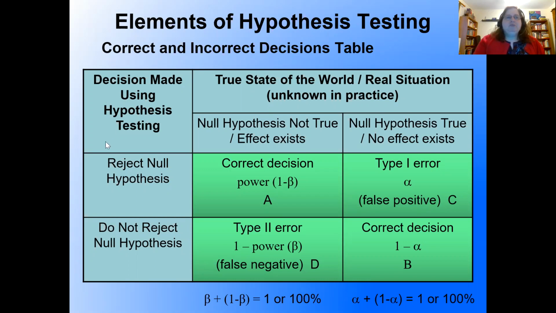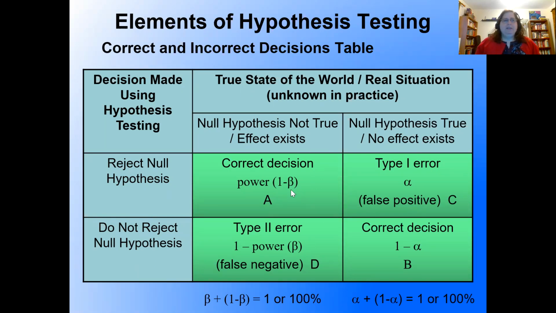Now, we really can only control the decision we make. We can either reject the null or not reject the null. That's really the only thing we can decide on. So let's take the situation where the null hypothesis is not true and an effect exists.